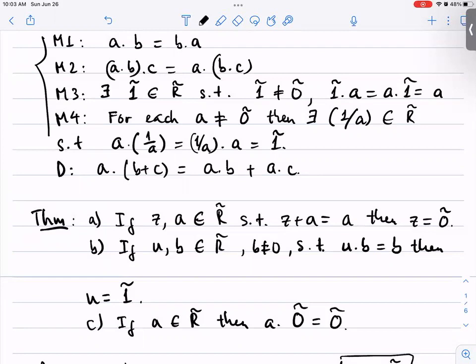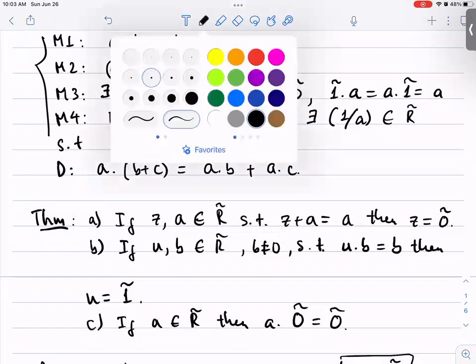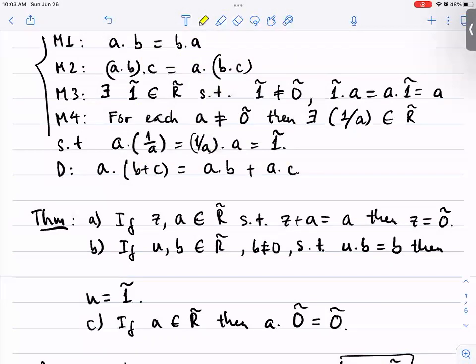The final axiom here, as you can see, this is about the interaction between multiplication and addition. So how these two operations interact with each other.